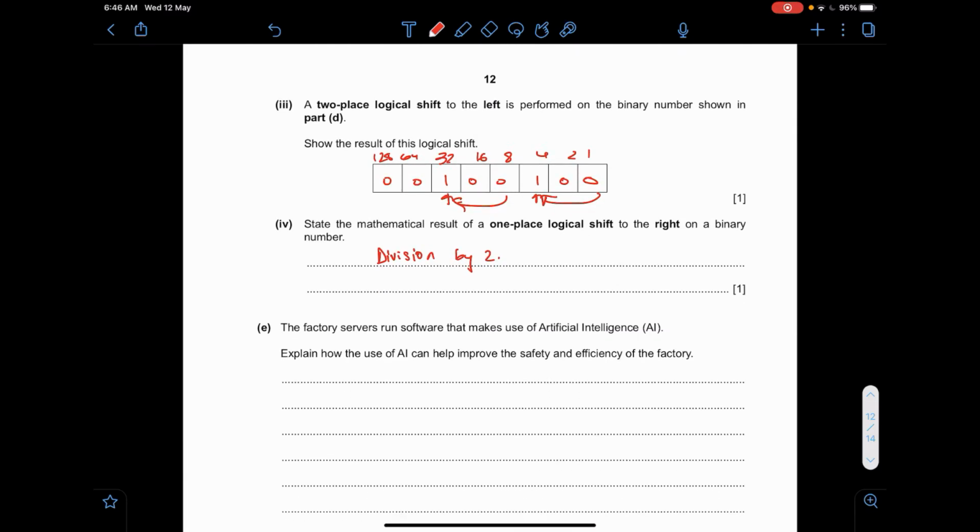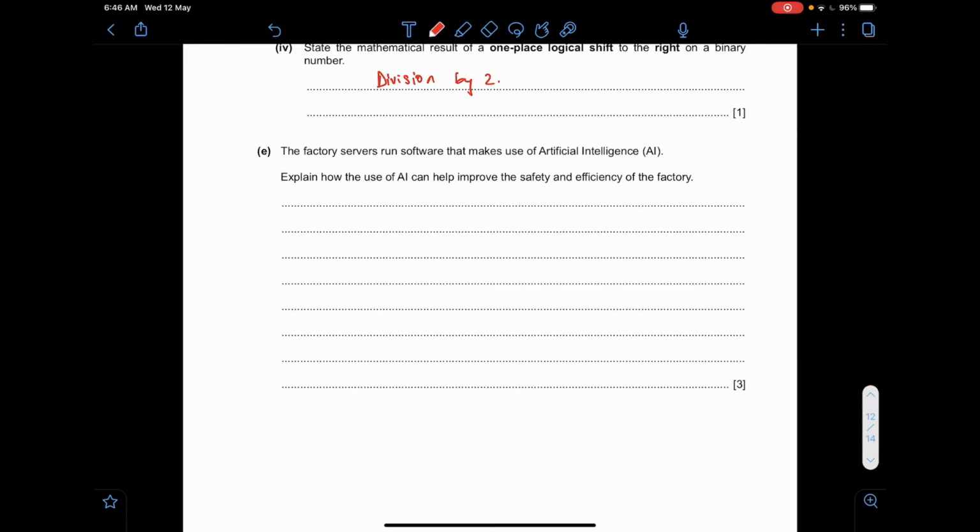Okay, so the factory servers run software that makes use of artificial intelligence, AI. Explain how the use of AI can improve the safety and efficiency of the factory, right?